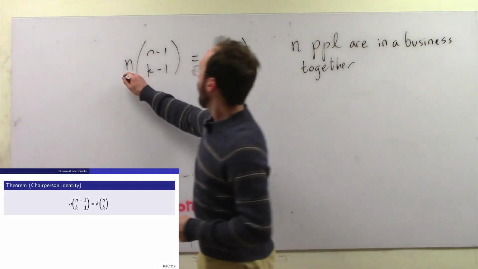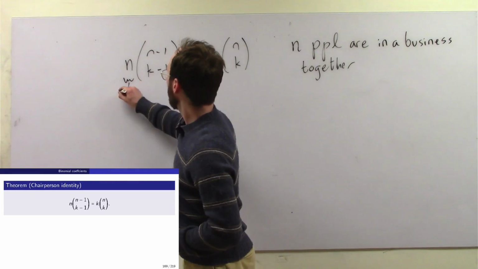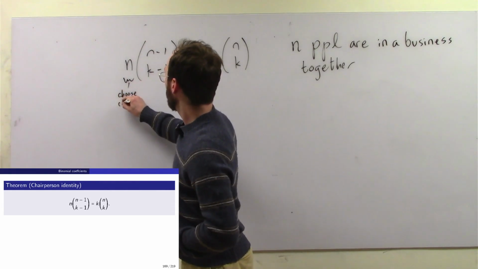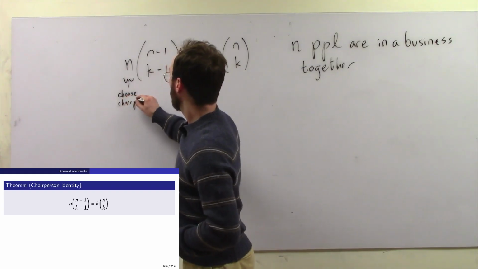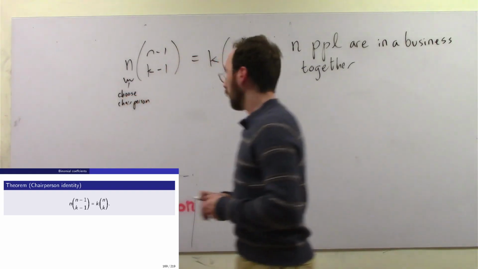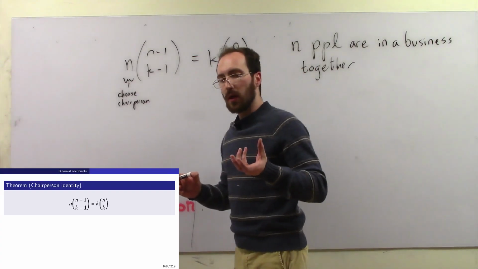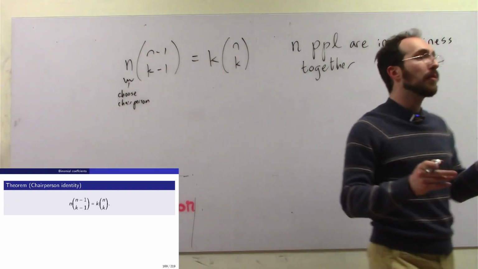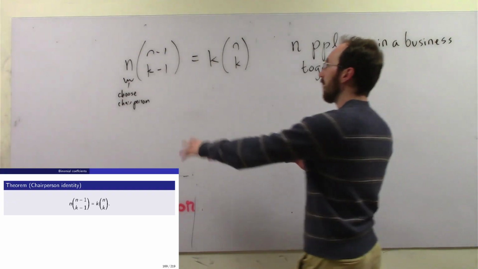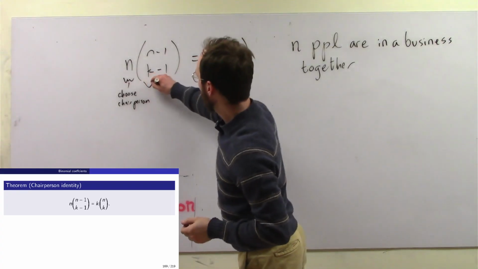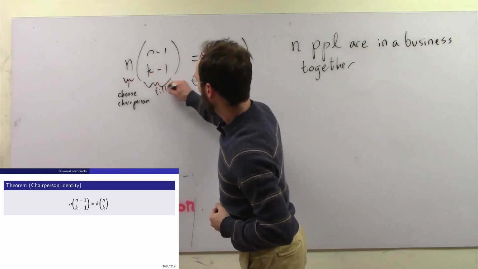There are n ways. So let's choose the chairperson right from the get-go. Now we have this chairperson, but we want a group of k people. So from the n minus 1 remaining, we fill out our board.